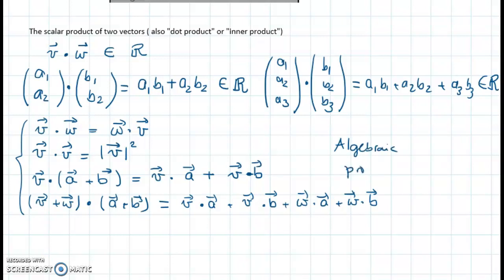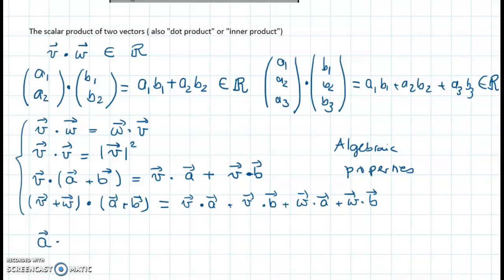But maybe the most interesting thing about this product is the geometrical interpretation that it has. This could be proved, but we are not going to do it here. You can check it in your book. But we have the following property.